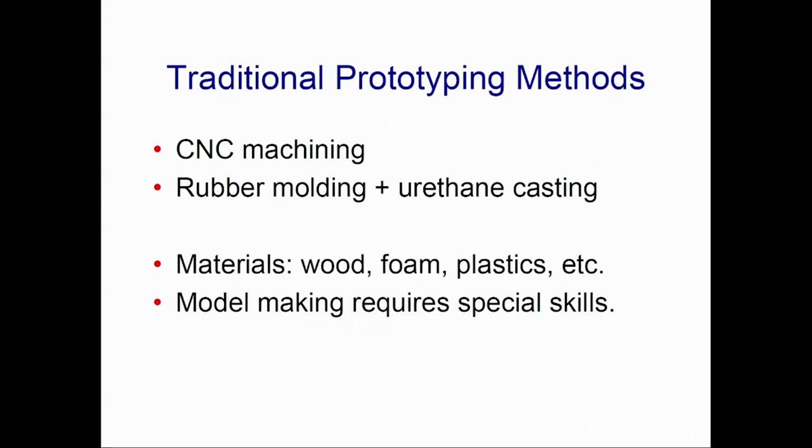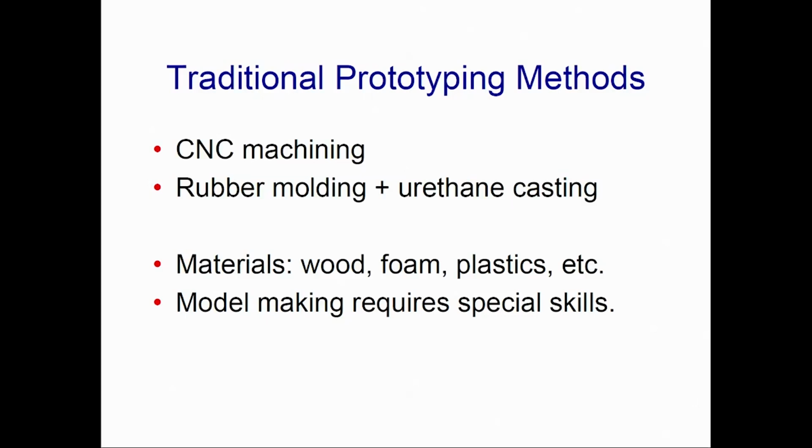Traditional prototyping was easiest to do by CNC machining out of a solid, and the solid can be solid metal like aluminum, or it can be made out of plastics.